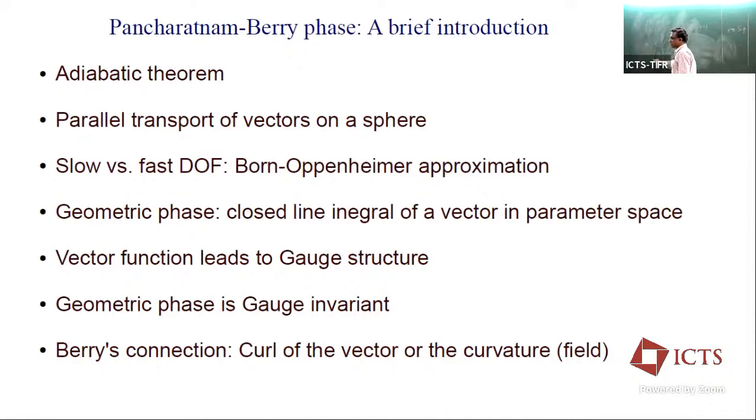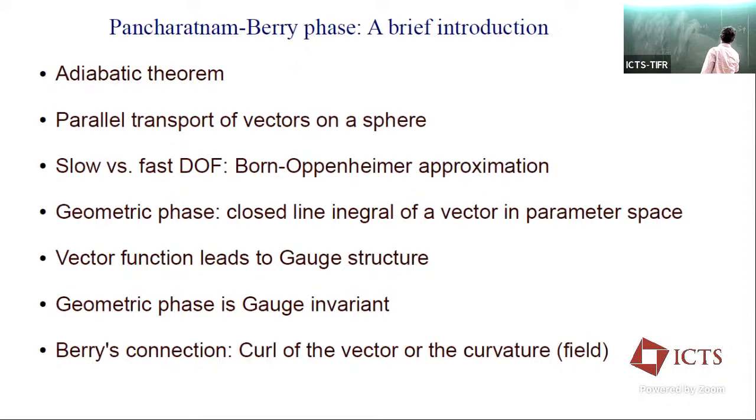In order to make it gauge invariant, when you make this transformation, A going to A plus some gradient of some chi, this is what I'm writing, this gauge transformation.